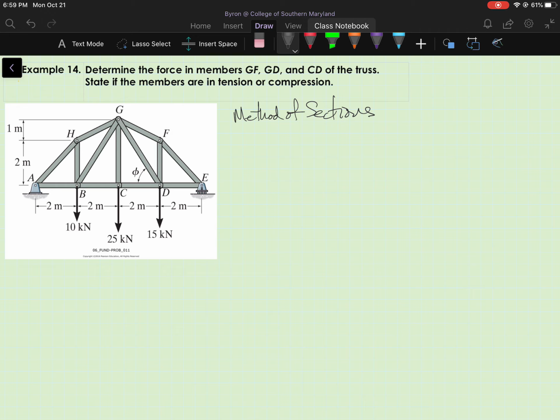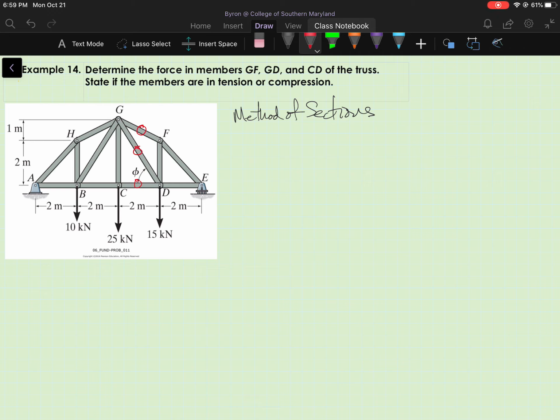So they asked for the force in these three members, GF, GD, and CD. So if I take my cut through those three members, I will have created three unknowns, which I generally don't want to cut through more than three members or create more than three unknowns.